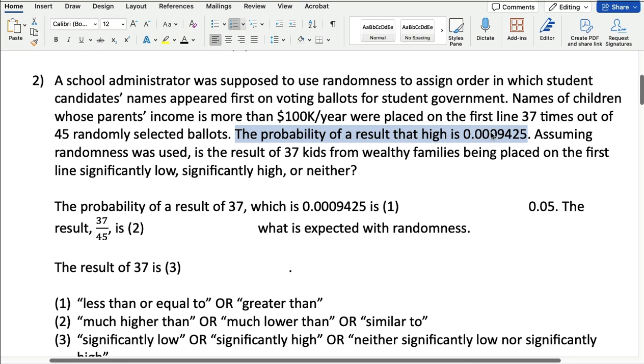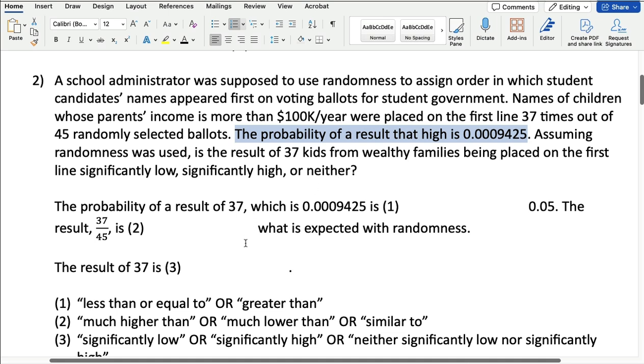Again, we have a probability that's extremely low, right? So assuming randomness was used, is the result we got from our sample, the result of 37 kids from wealthy families being placed on the first line, significantly low? Is it significantly high? Or neither?